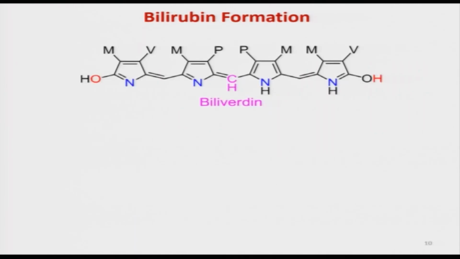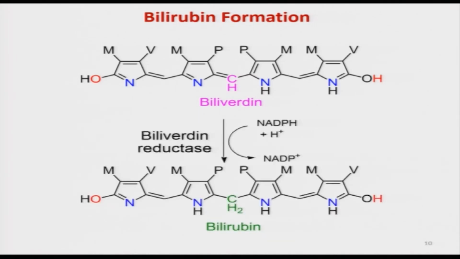This biliverdin, a conjugated open chain structure, converts to bilirubin, and biliverdin reductase is responsible for this transformation. So, this double bond is further reduced and CH is converted to CH2, and there is an immediate color change. Biliverdin is green and bilirubin becomes yellow.